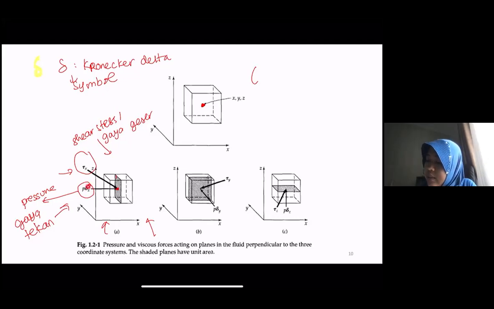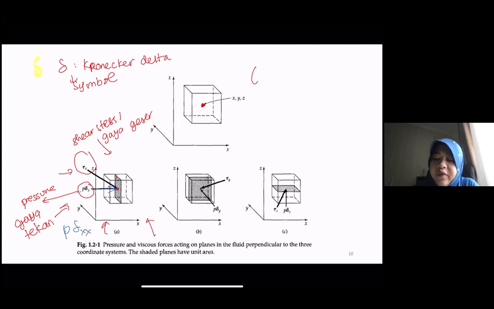So this one here should be x and x, so it should be in the right direction, because the pressure should be perpendicular, harus tegak lurus.